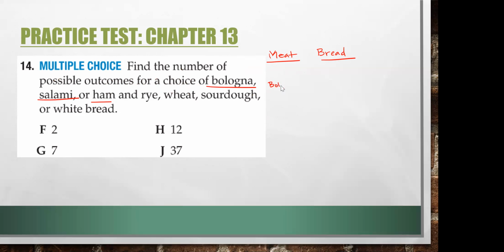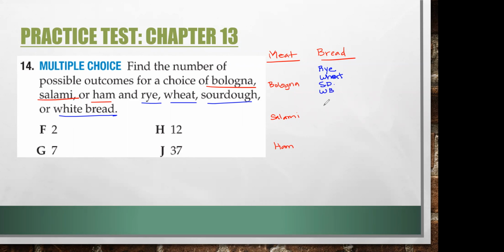So I've got bologna, salami, and ham. Okay, and then for each one of those, the bologna can have either rye, wheat, sourdough, or white bread.